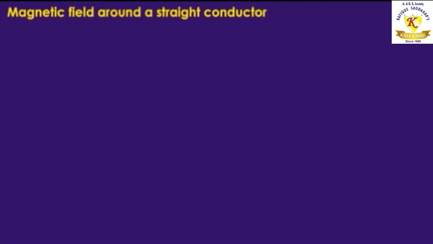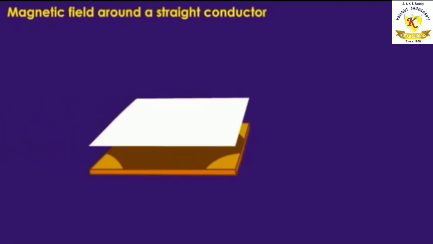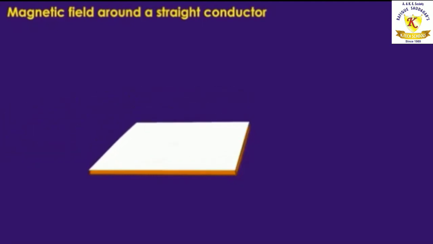Let's see. Magnetic field around a straight conductor can be understood by the following activity. Take a flat cardboard and cover it with a white sheet of paper. In the middle of the cardboard, make a hole through it.